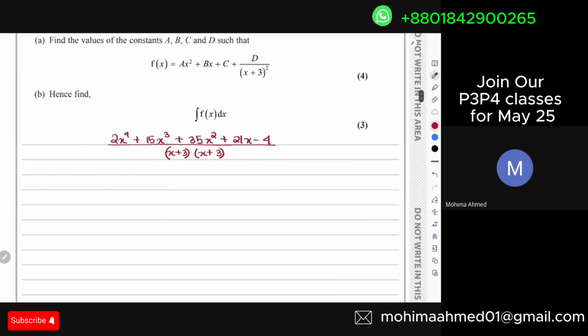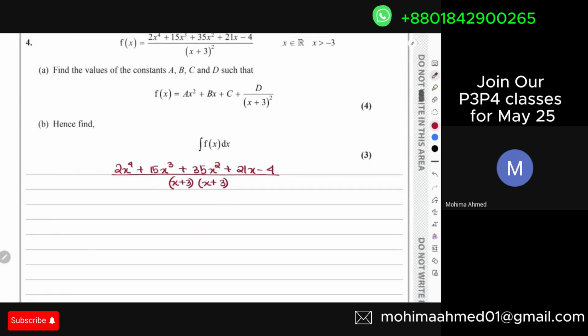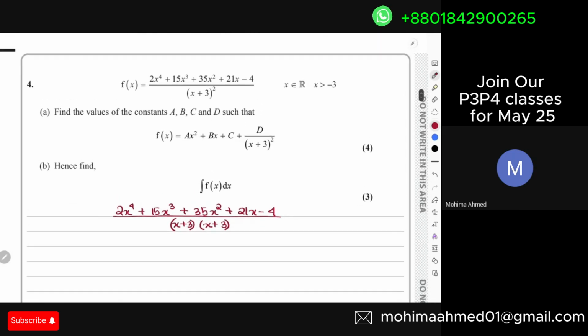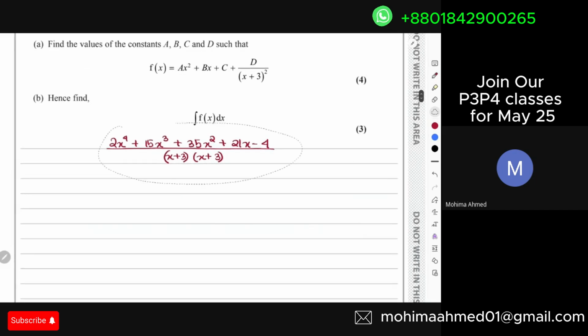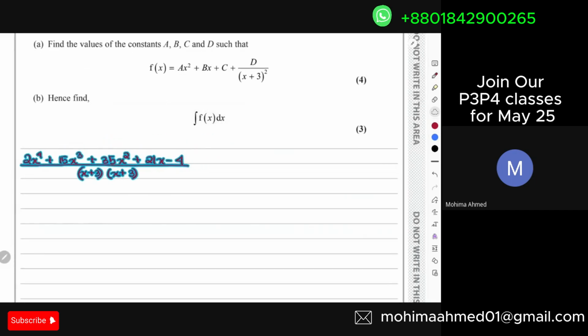So if I now start doing the long division with x plus 3 only, is there any other way I can do? They're only giving you 4 marks. ax square plus bx plus c. We can do the comparing method also. If you want to do the long division, obviously the long division is possible. But if you want to skip the long division, there's another process that's available.